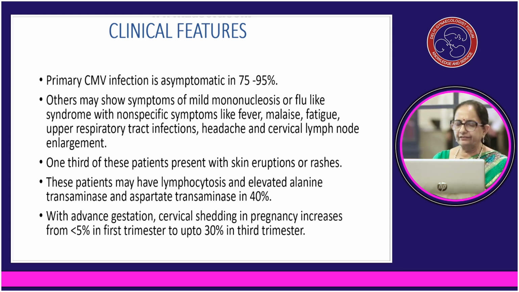These patients may have lymphocytosis and elevated alanine transaminase and aspartate transaminase in 40% of the cases. With advanced gestation, cervical shedding in pregnancy increases from less than 5% in the first trimester to up to 30% in the third trimester.